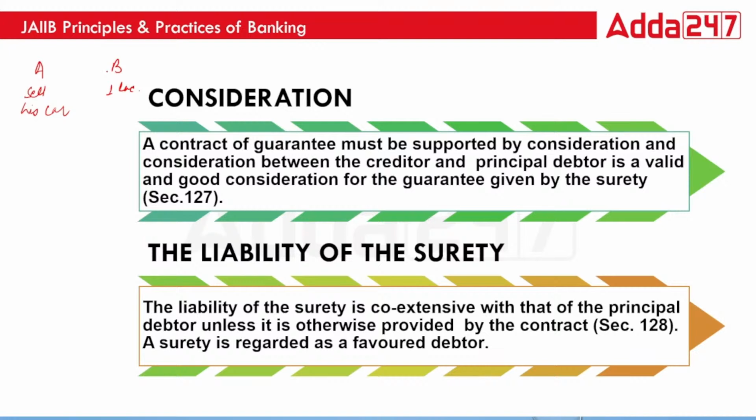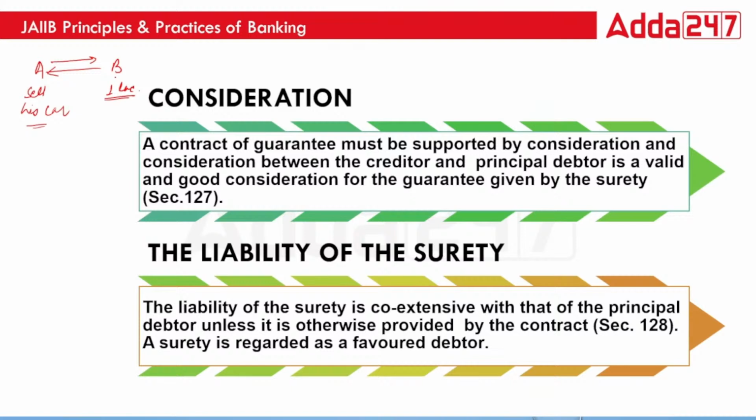For this contract between A and B, the consideration to A is that he will get 1 lakh rupees for his car, and the consideration for B is that for the payment of 1 lakh he will receive the car.